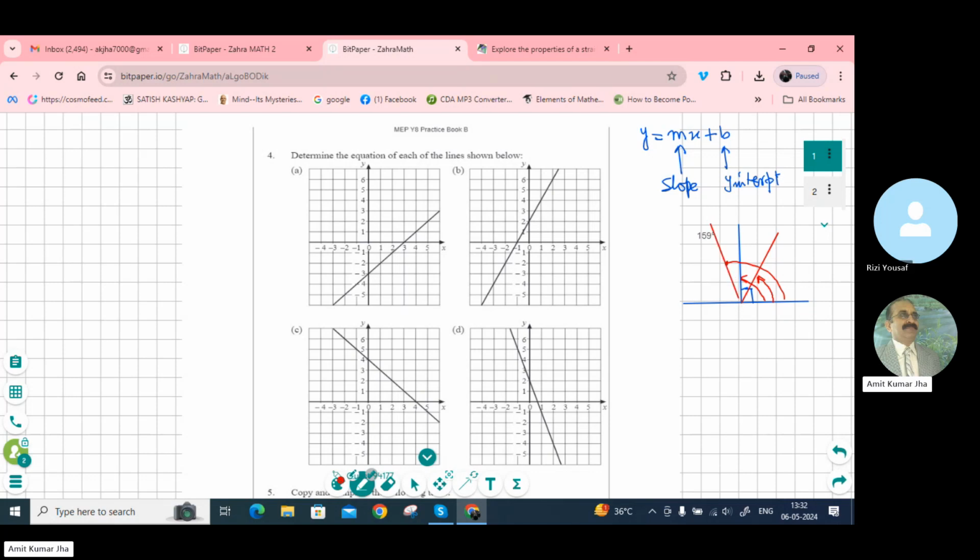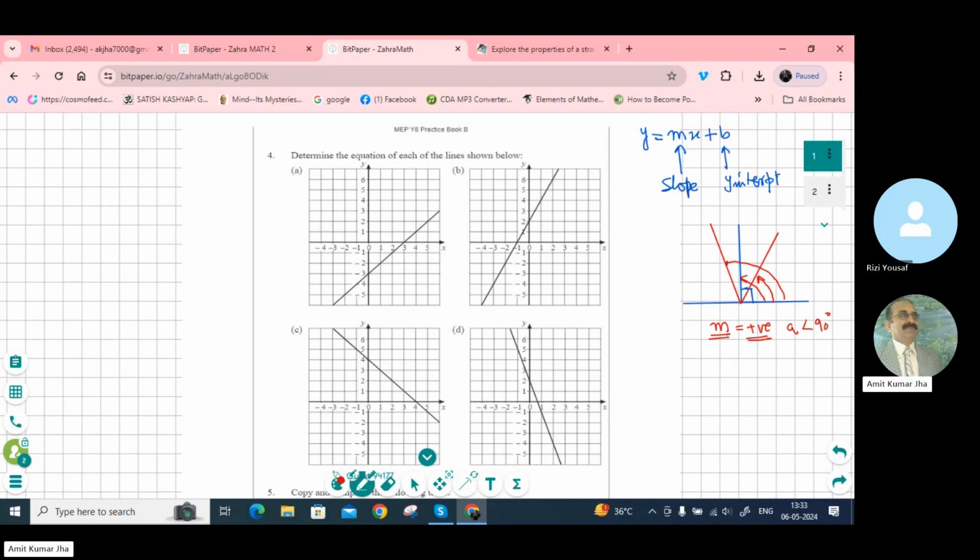So when the line is making an angle less than 90, m is positive. M is slope, so slope is positive.